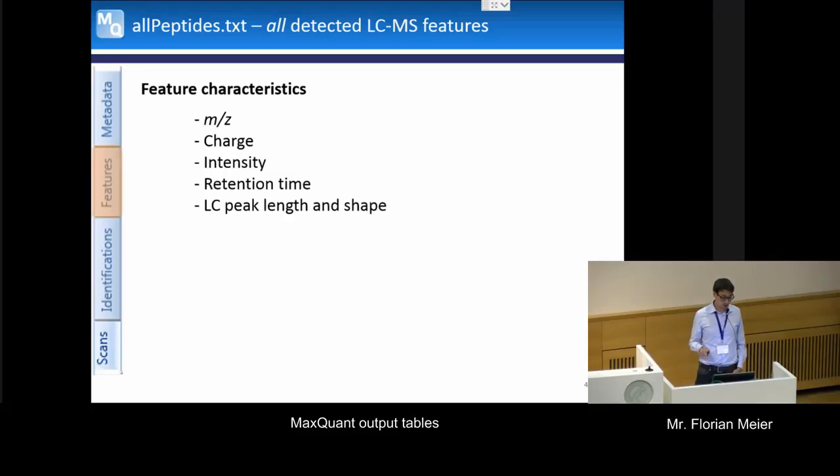So for all the features, we get the information about the mass to charge. We get the charge, we get the intensity, we get the retention time, and you can also plot things like the peak length, and you can also plot the shape of your chromatographic peak. So it will give you a start and an end time of the chromatographic elution. And if you then know the apex, you can see if your peaks are distorted or not.